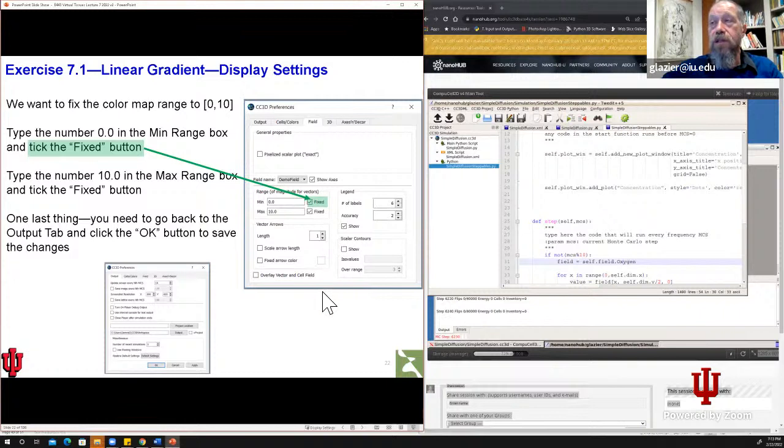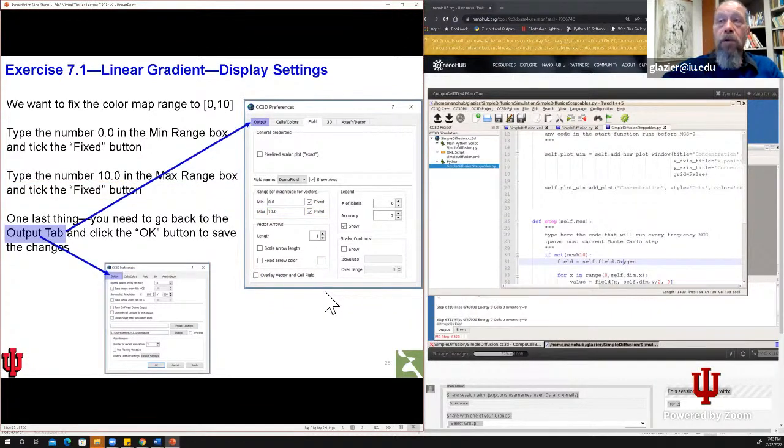So we have the choice of fixed or floating boundary conditions, top and bottom value of the color map. And if we wanted to save a movie of this, we could go into the output menu, and under output, we could tell it to save the concentration field every so often, if we like.